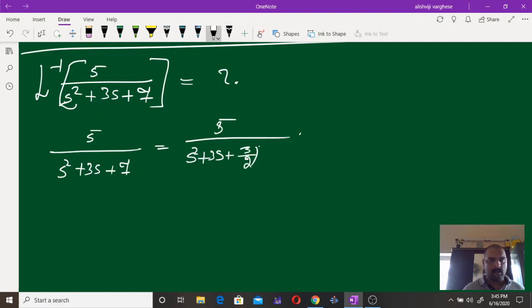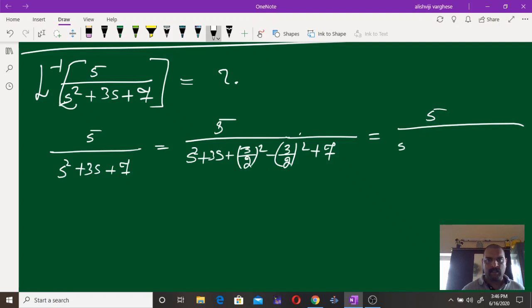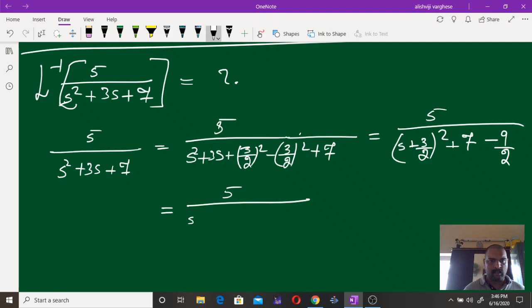So 3 by 2 square minus 3 by 2 square plus 7, and this is equal to 5 divided by s plus 3 by 2 the whole square, then plus 7 minus 9 by 4. So this is equal to 5 divided by s plus 3 by 2 the square, plus 7 minus 9 by 4, 7 into 4 is 28, 28 minus 9, that is 19 by 4.